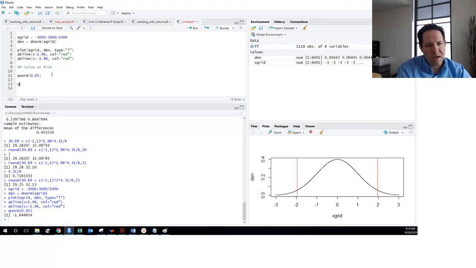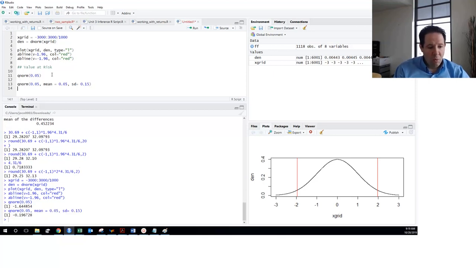Suppose I want to know the value at risk. I know the mean of my return distribution is 5%, and the standard deviation is say 15% for a particular asset. What's the fifth percentile, as long as the returns are normal? All you need to know is the mean is 5% and the standard deviation is 15%.